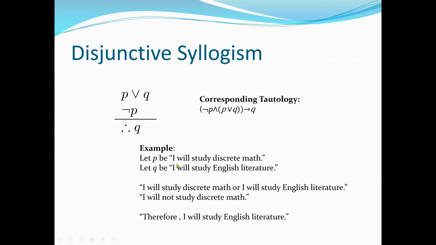Let P be, I will study discrete mathematics, and Q be, I will study English literature. So I will study discrete mathematics or I will study English literature, and I will not study discrete mathematics. So then I have to study English literature, because I will study discrete mathematics or English literature. I'm not studying discrete mathematics, so then I'm studying English literature.